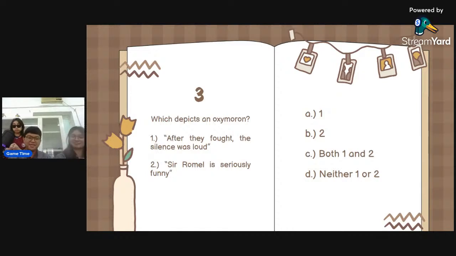Yes. Now, number 3, which depicts an oxymoron? Here are the sentences. 1, after they fought, the silence was loud. 2, Sir Romel is seriously funny. A, number 1. B, number 2. C, both 1 and 2. D, neither 1 nor 2. Which one correctly depicts an oxymoron?